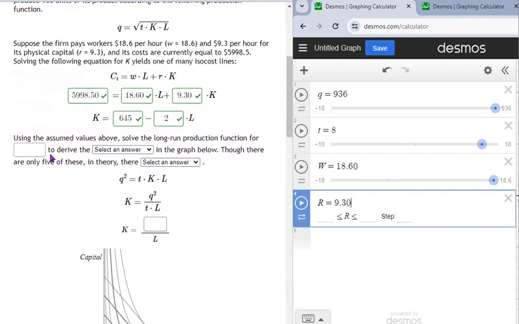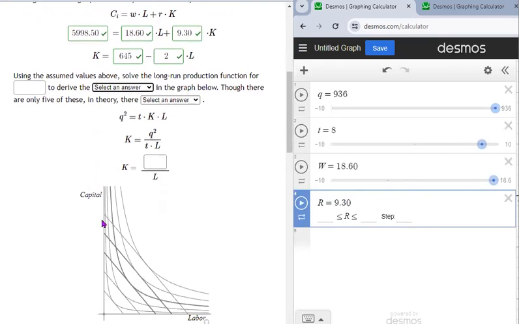Okay. Using the assumed values above, solve the long-run production function for blank to derive the what in the graph? Well, we've already derived an equation for the isocost lines.